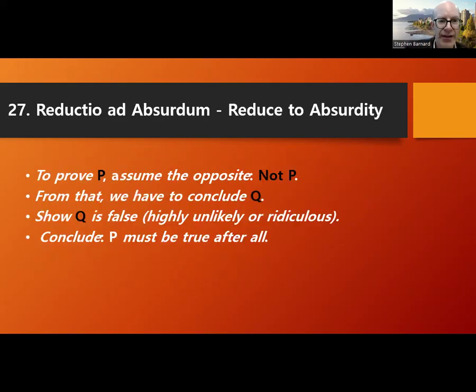All right, and the third and final deductive argument that I'd like to talk about is called reductio ad absurdum. This means to reduce to absurdity. Essentially, this deductive argument is actually a response to someone else's argument.